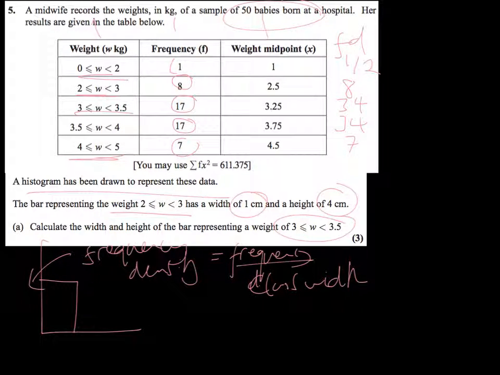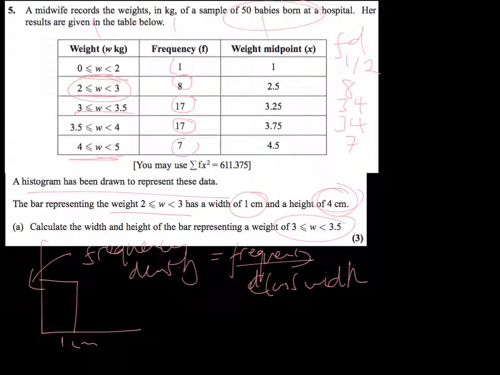And in the question here, we're told that the bar representing the weight between 2 and 3 has a width of 1 centimetre and a height of 4 centimetres. So the width corresponds nicely because we know that the width is 1 and it is also 1 centimetre on the actual graph here.